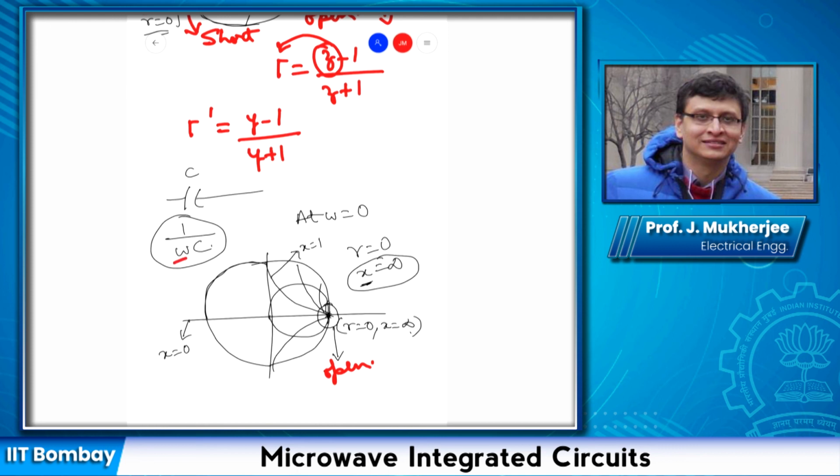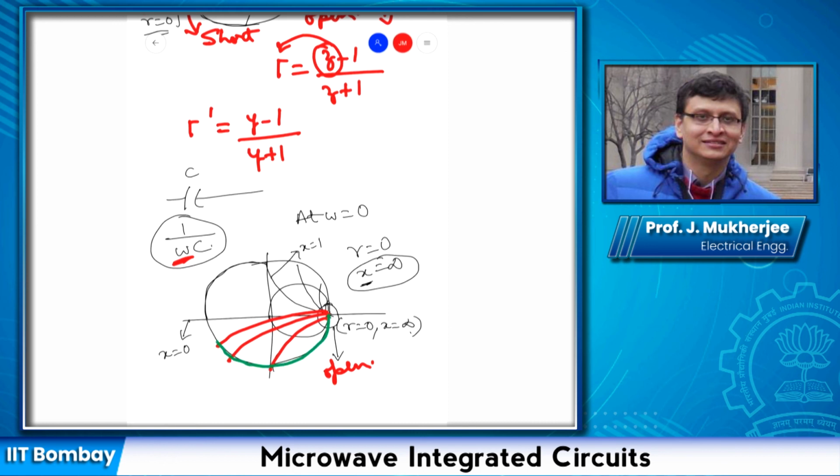As omega keeps on increasing, the value of the reactance decreases, and if the reactance decreases, then the radius of the circles keeps on increasing, right? Like this. So the locus that is followed by the reactance as the value of omega increases, I beg your pardon, is this one.